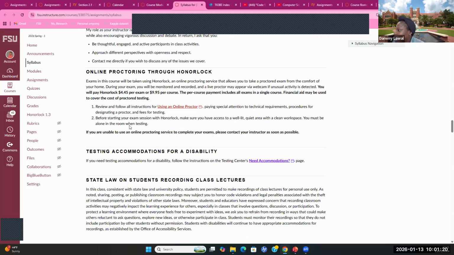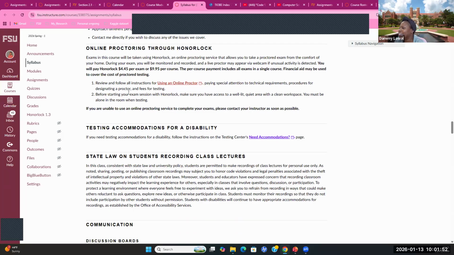Yes, I need to emphasize the exam. We didn't discuss this last week, and it's very, very important to emphasize the textbook and the exam. For this course, it's an online course, so we'll be using the online exam. I think for the two exams, that's about 9.95. That's the cost, but per exam is about $4.45.